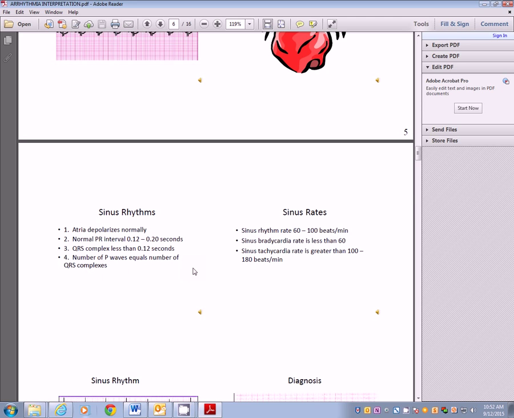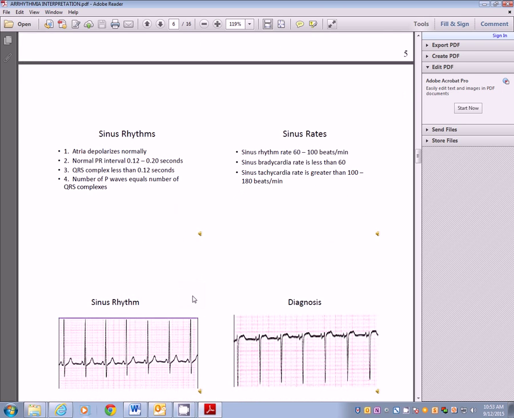The number of P waves equals the number of QRS complexes in order to have a sinus rhythm, and the rate is between 60 and 100. If the rate's below 60, that becomes a sinus bradyarrhythmia. If the rate is over 100 to 180, it becomes a sinus tachyarrhythmia. Over 180, we're getting into what we call SVT, supraventricular tachycardia. So sinus tach is between 100 and 180.